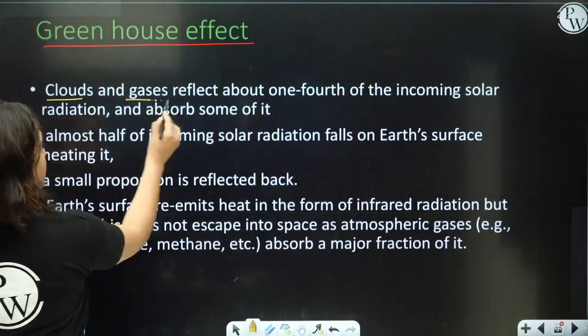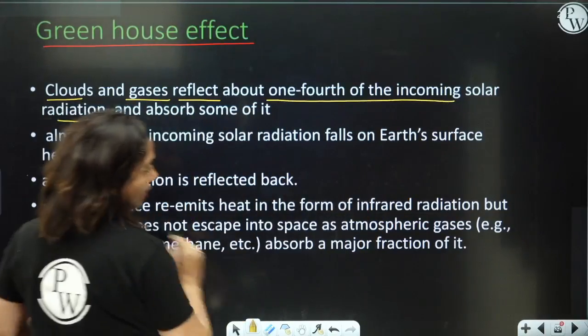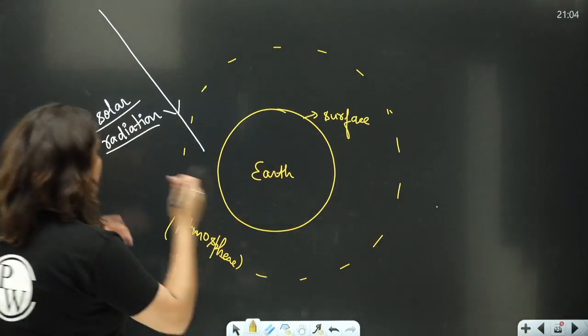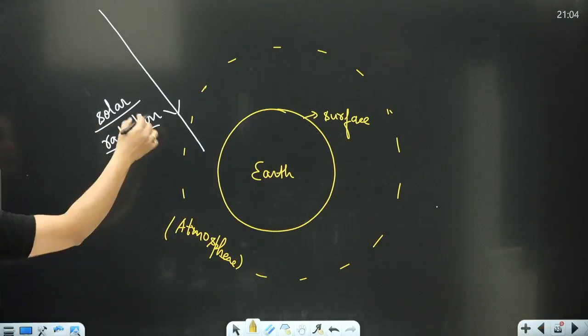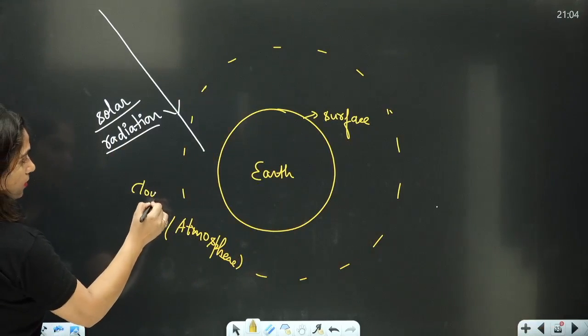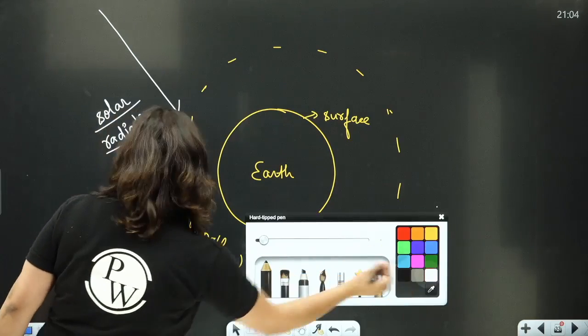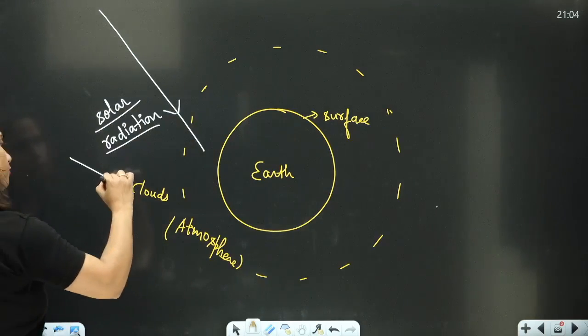Clouds and gases reflect about 1/4 of the incoming solar radiation. What it is saying is that the clouds present in the atmosphere reflect about 1/4.